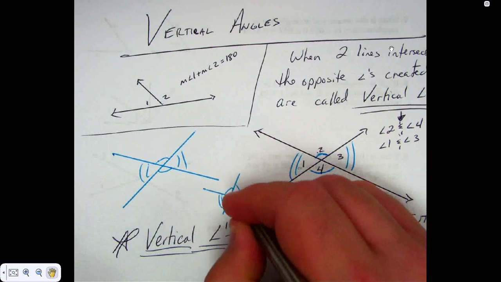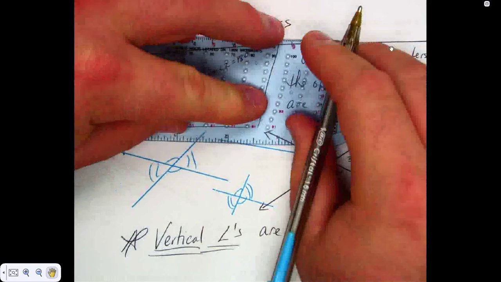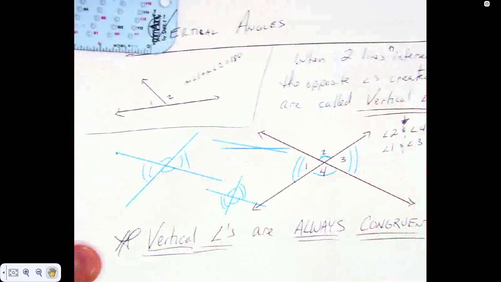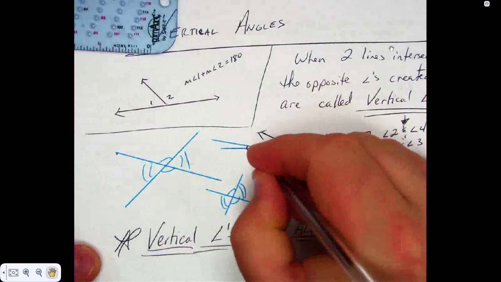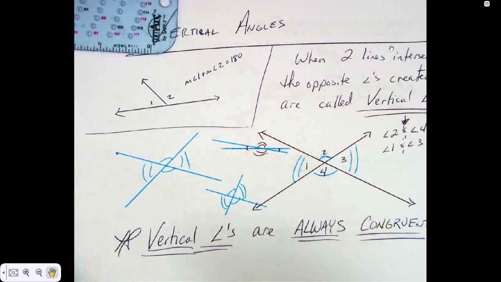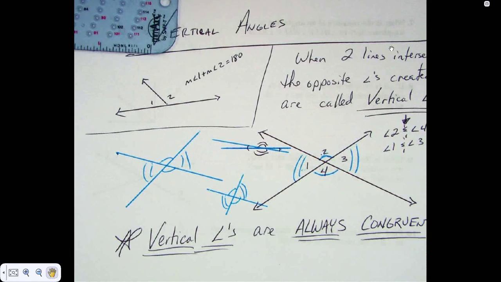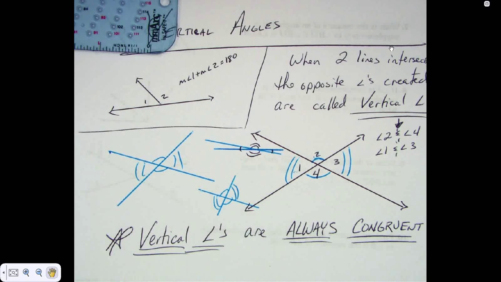Don't write this down. The opposite angles are what? I don't care if you make them like this, guess what? The opposite angles are what? Congruent. Period. Forever and ever. And the ones beside each other add to what? So anytime you get a picture like this, that's the case.